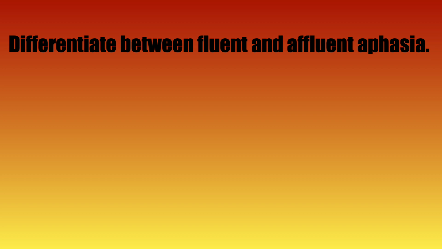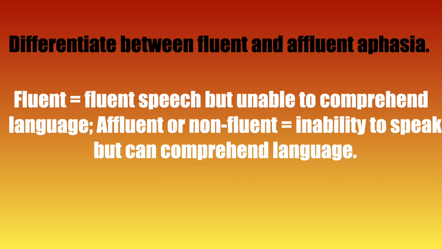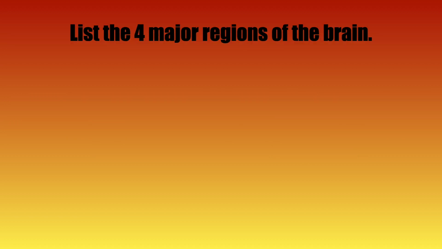Differentiate between fluent and non-fluent aphasia. The answer is fluent is fluent speech but unable to comprehend language. Non-fluent is the inability to speak but can comprehend language. List the four major regions of the brain.